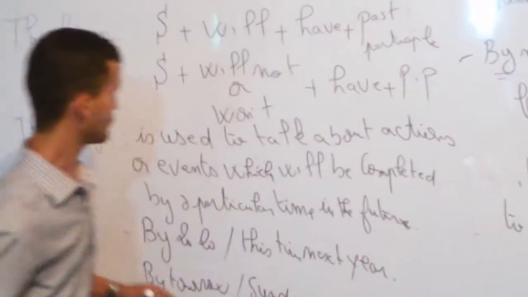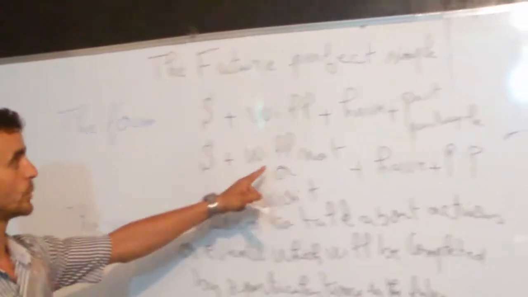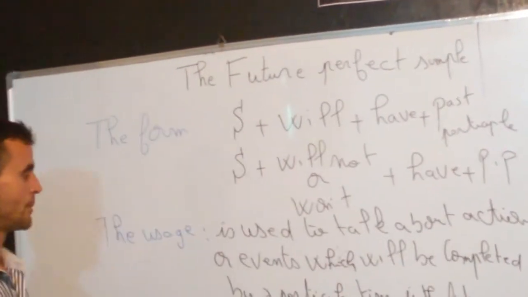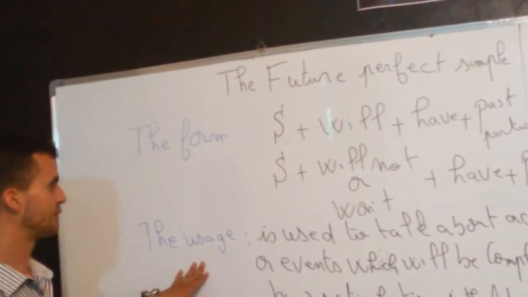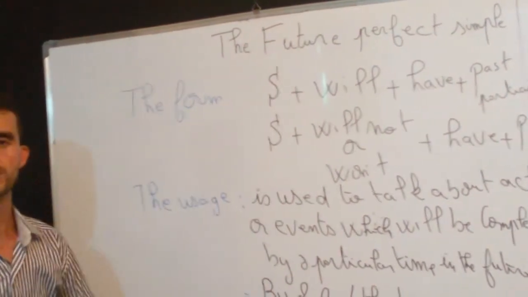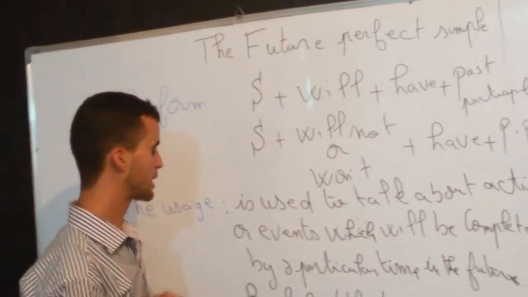So again, the form is subject plus will plus have plus the past participle of the verb, and the negative form is subject plus will not plus have plus the past participle of the verb. We use the future perfect simple to talk about actions or events which will be completed by a particular time in the future.